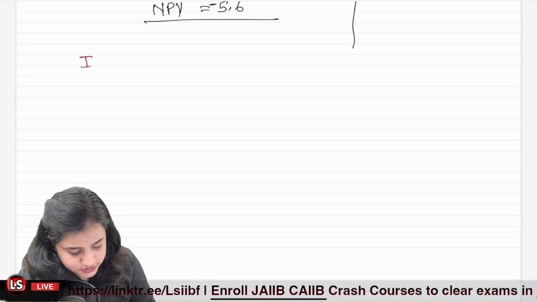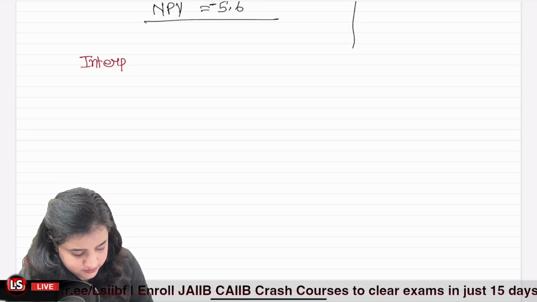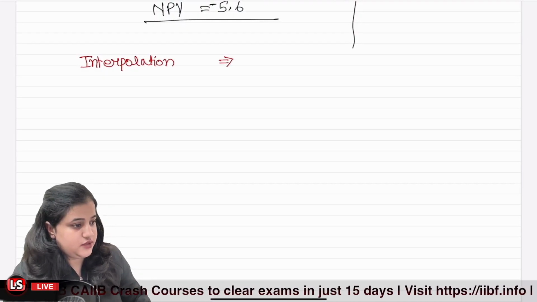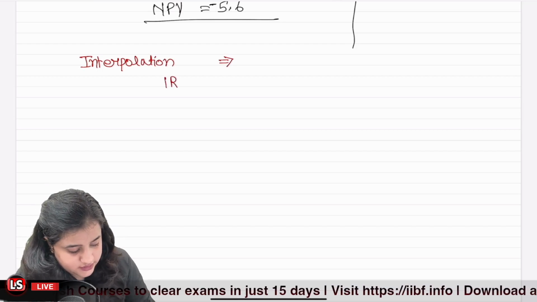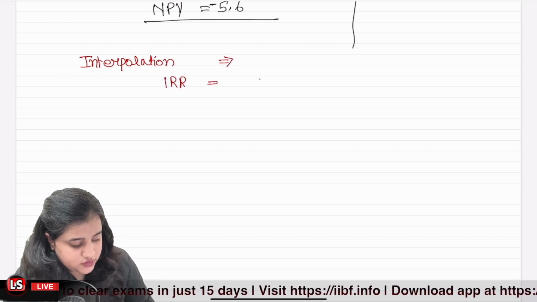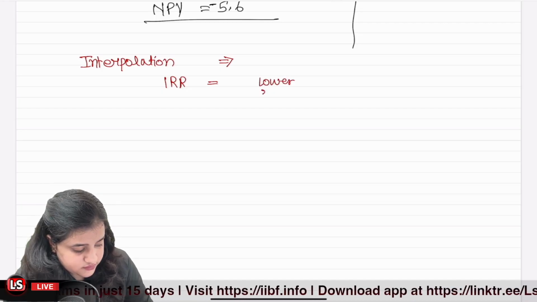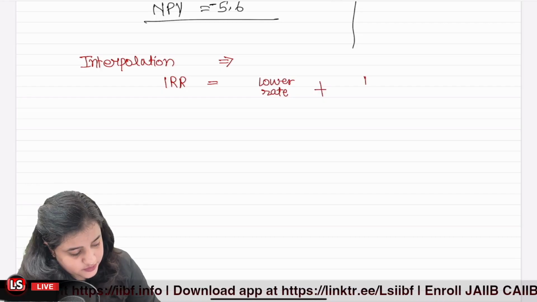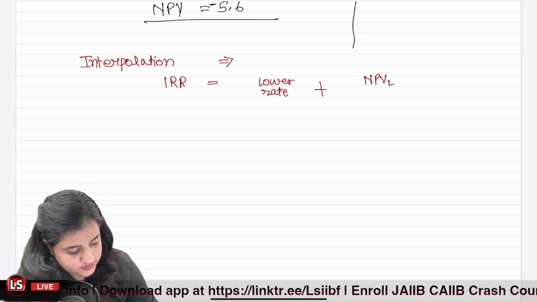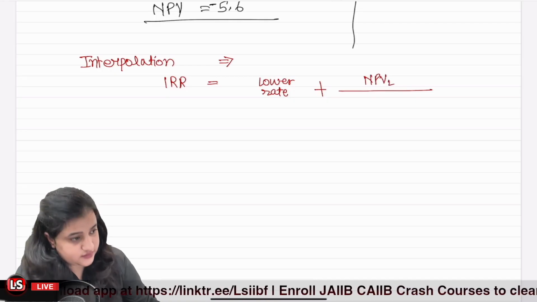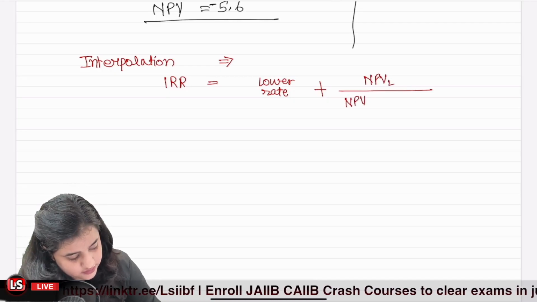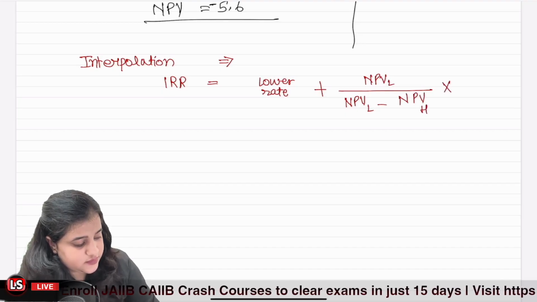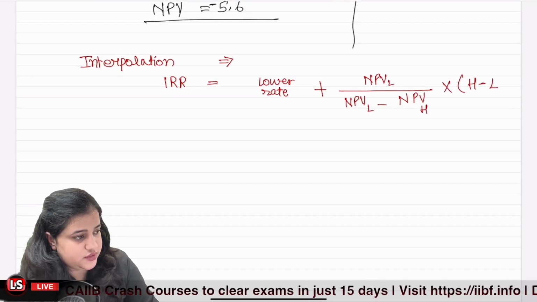So for interpolation, we have a formula. What is the formula? The formula goes: IRR is equal to lower rate plus NPV at lower rate divided by NPV at lower rate minus NPV at higher rate, multiplied by higher minus lower rate.